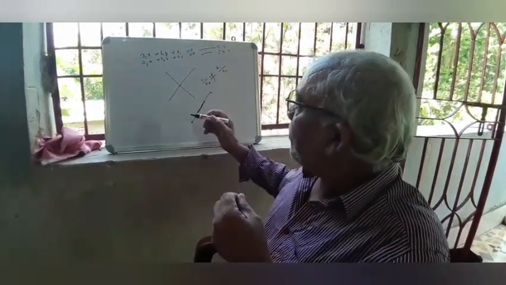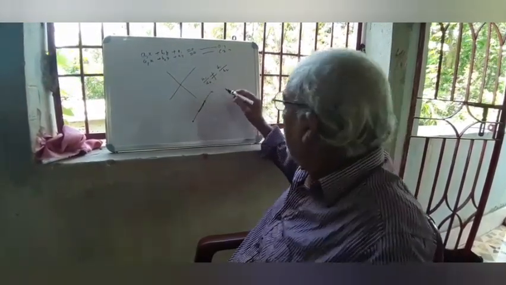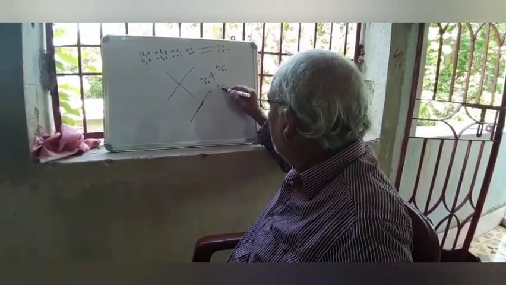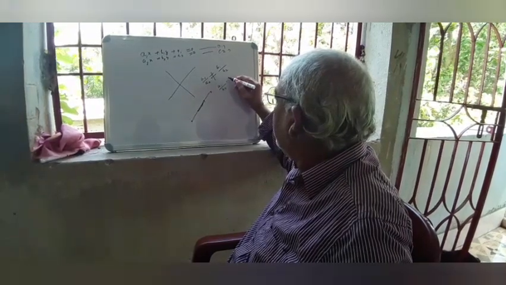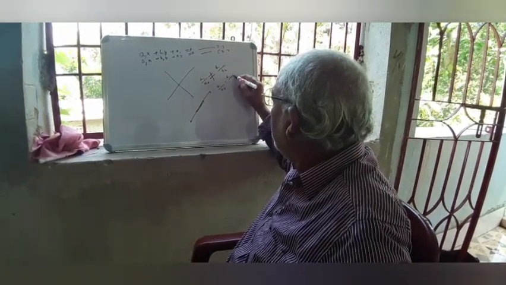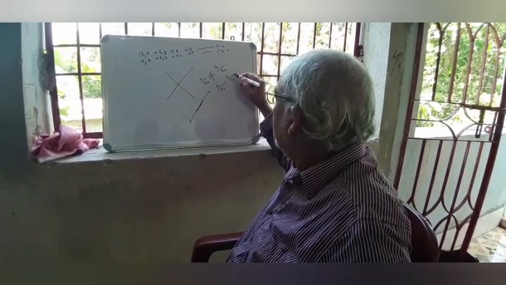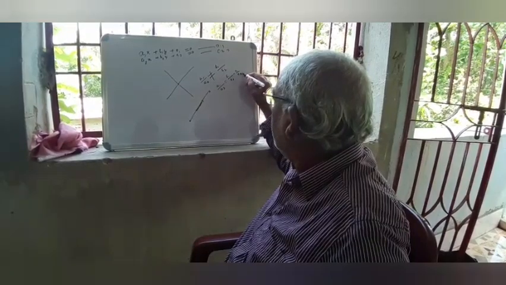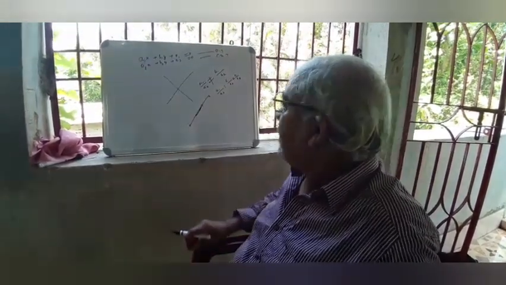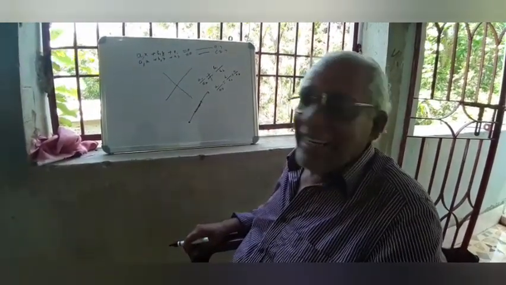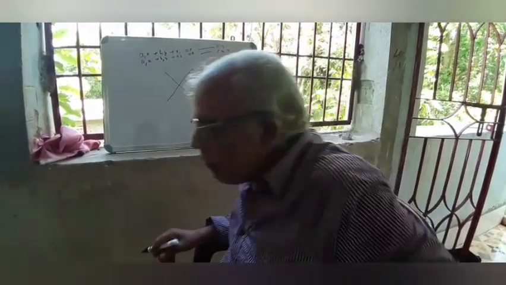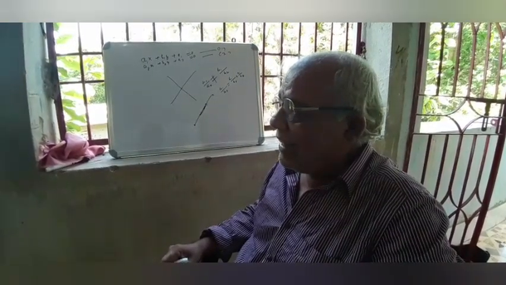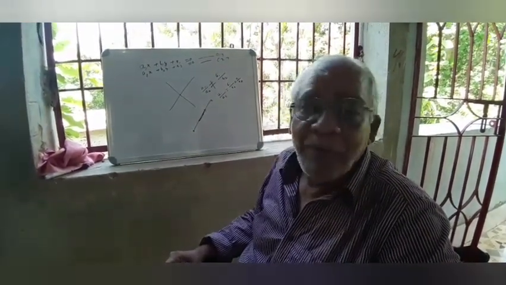And here the coefficients of the variables must be proportional, including the constant. You see, the role of the constant in the linear equations is not less than the coefficients.